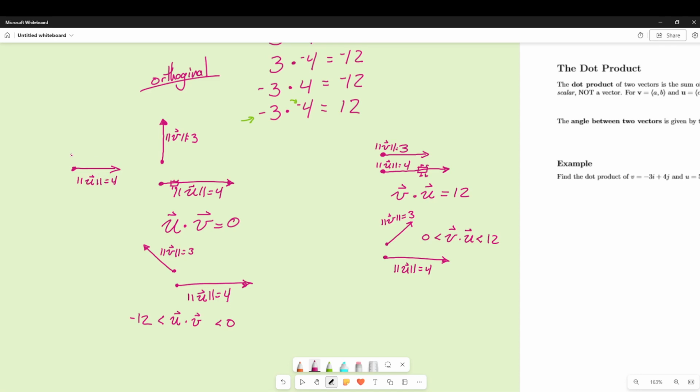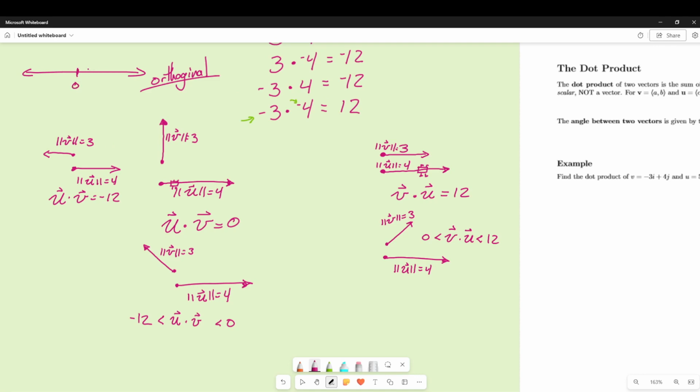So if we had 4 and 3, and they're heading in opposite directions, now their dot product would be that negative 12. Now, you might be thinking, doesn't that make this negative 3? Well, that's the idea of negatives.